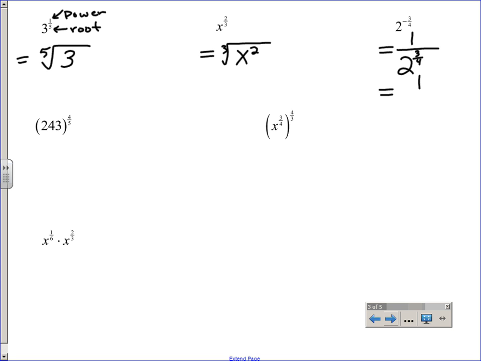So here you still just have 1 over, and instead of 2 to the 3/4, we'll do 4th root of 2 cubed. But in this case, since it's a number inside, we can actually write 8, because 2 cubed is 8, where we couldn't do that with the x when it was inside.